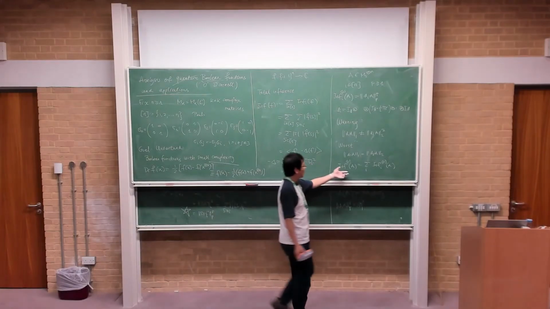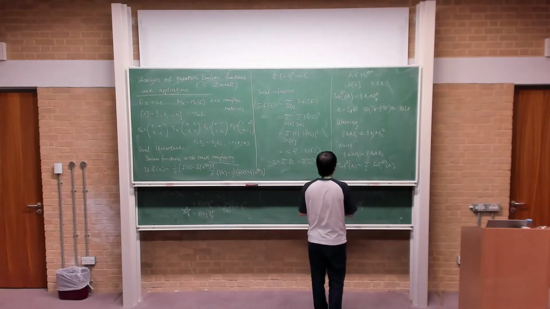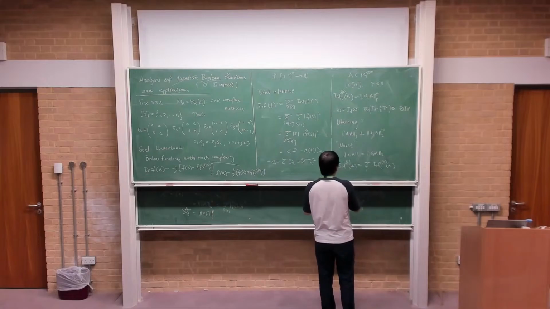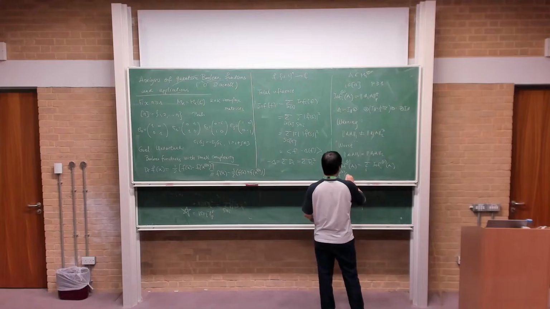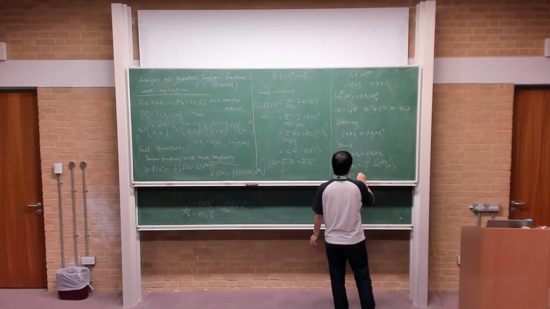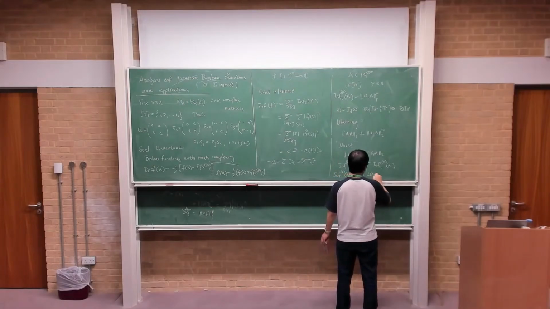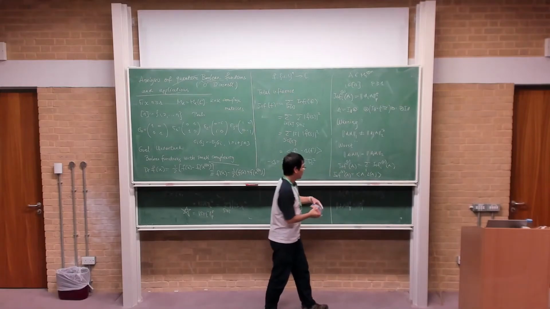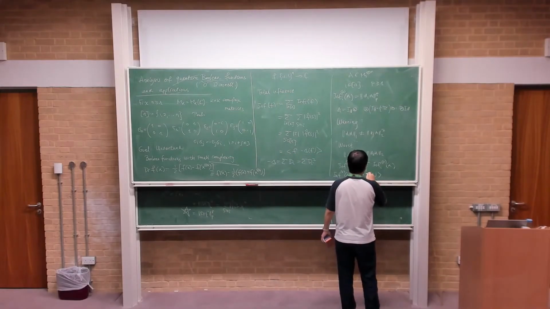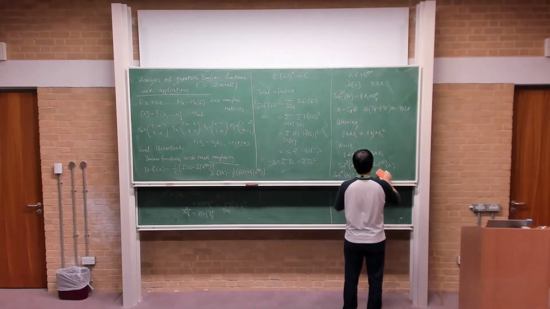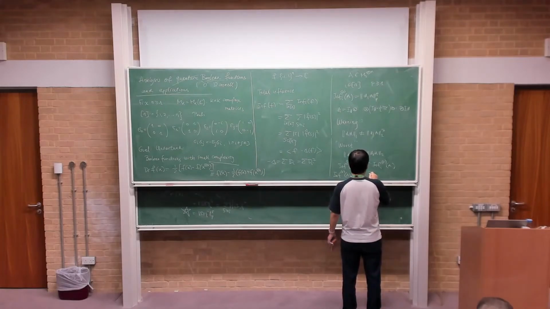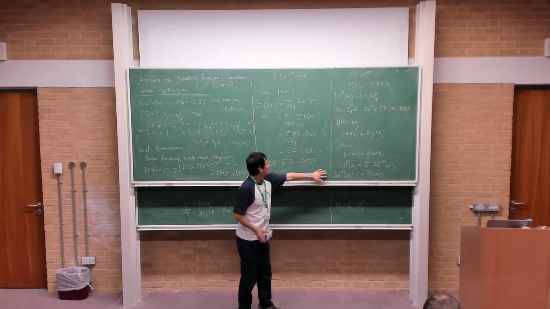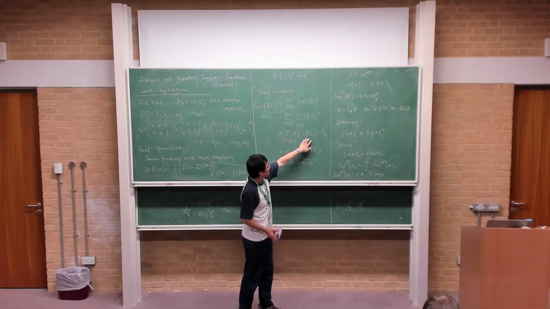Will you get the same formula? Yes. When you have p equal to 2, this will be, let me write this, A, L of A. So maybe let me write negative L. Firstly, you have this expression in terms of Fourier coefficients.